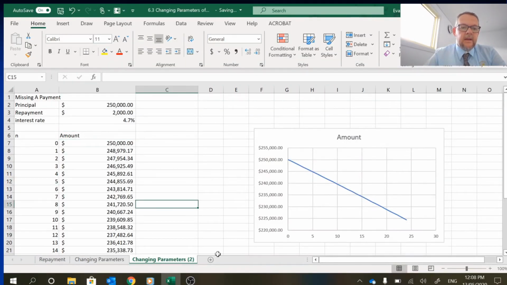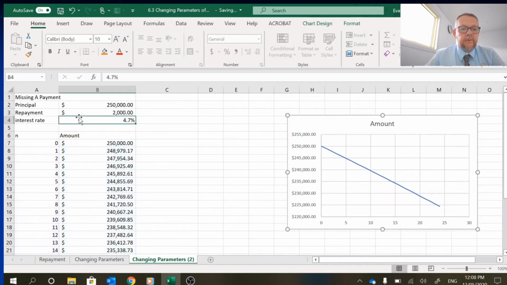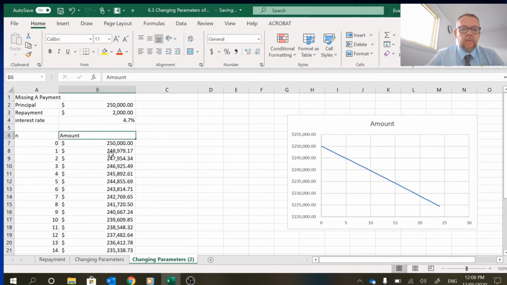Okay, so now let's investigate the effect of the changing interest rates. And look at this, we've got one interest rate here set at 4.7%. So 4.7% will be our first interest rate. Well, let's see what would happen if we change this up to, say, 5% or 5.7%.